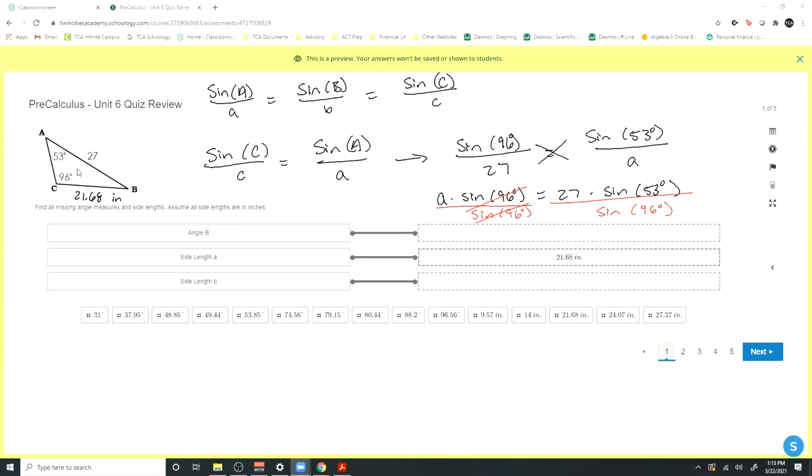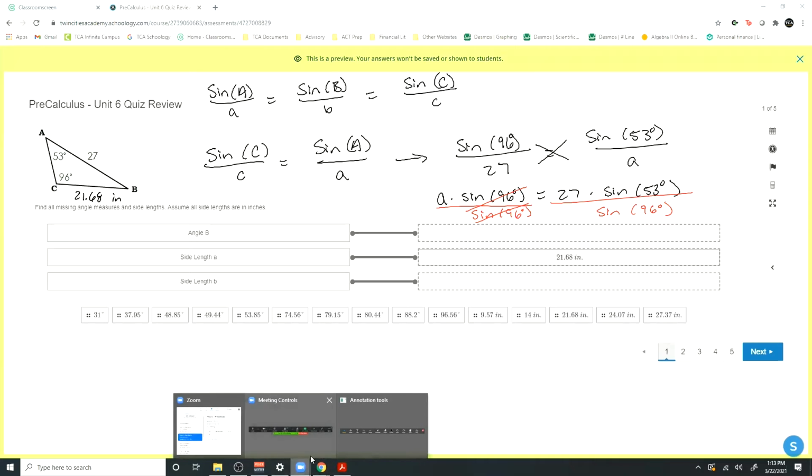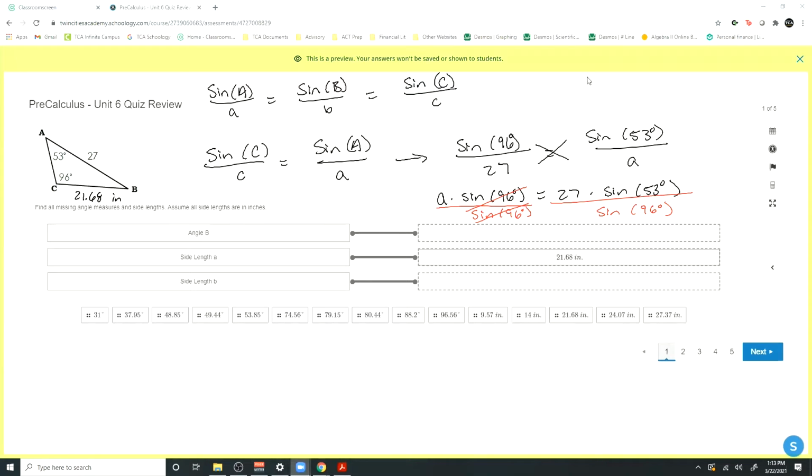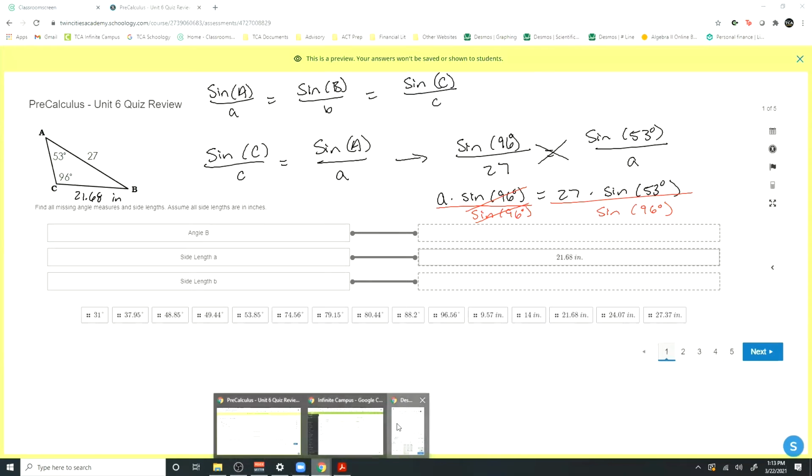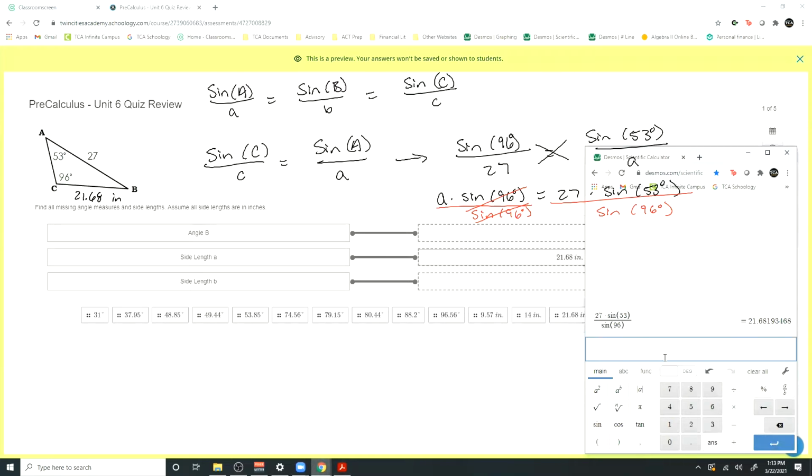So now, the next thing, I'm going to find this missing angle. I know that all three angles in a triangle have to add up to 180 degrees, right? So if I take my calculator, where's the calculator? Right here. I put in 180, and I subtract the two angles that I know, 53 and 96.